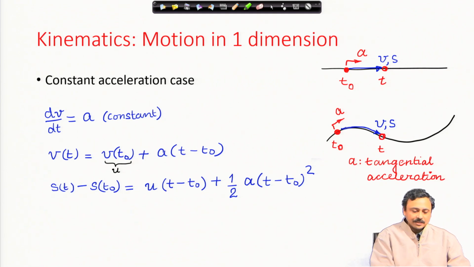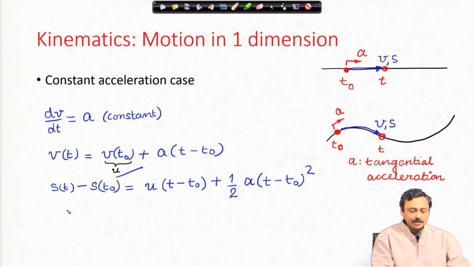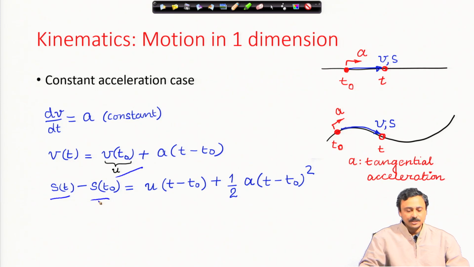If you call this velocity at t0 as u, to shorten the notation, then you can integrate once again to determine the displacement. The distance at time t minus distance at time t0 is equal to the initial velocity times (t minus t0) plus half acceleration times (t minus t0) whole square. These relations you have seen before, I am sure.